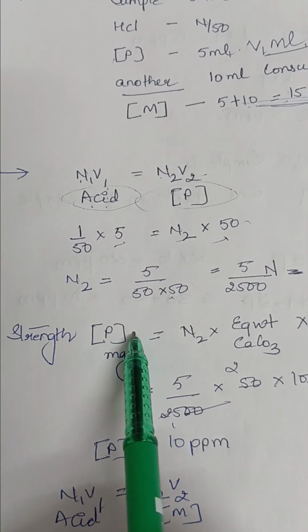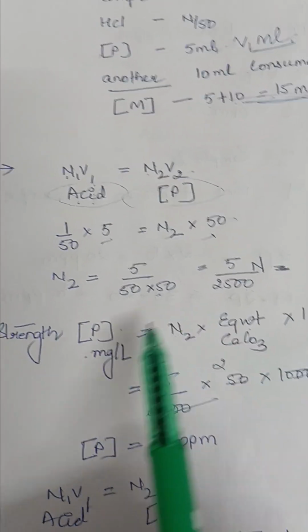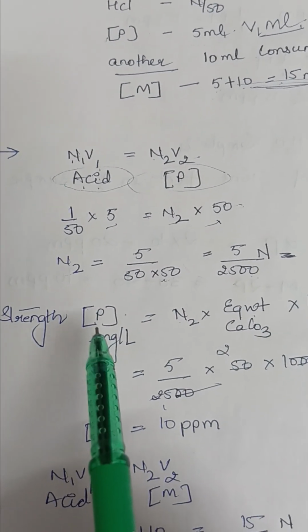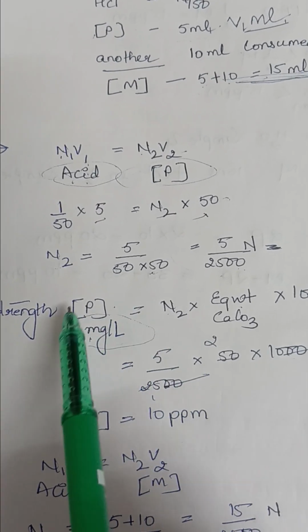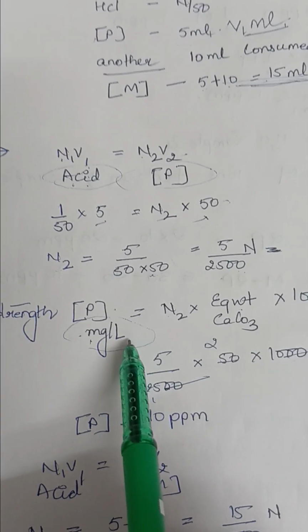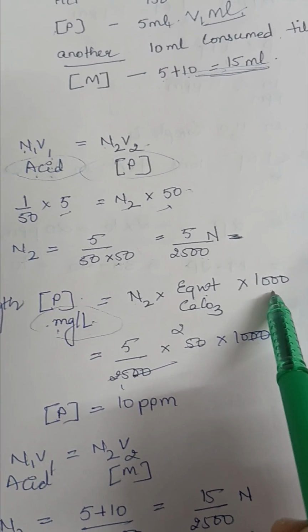Now the strength formula in gram per liter is normality into equivalent weight. But with respect to water, everything is calculated in ppm, mg per liter, or CaCO3 equivalents. We will multiply by 1000 to convert it to mg per liter.